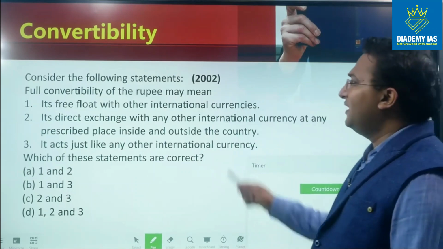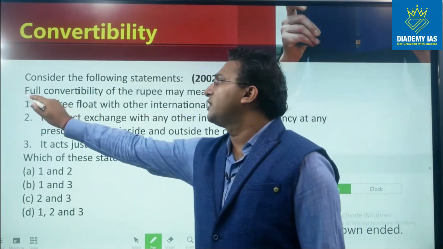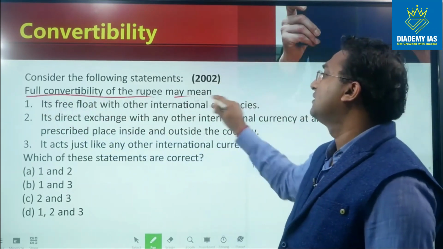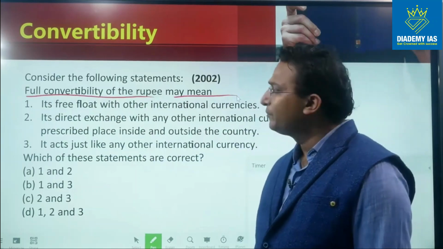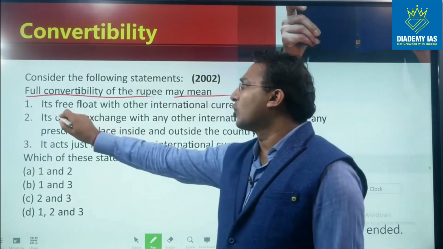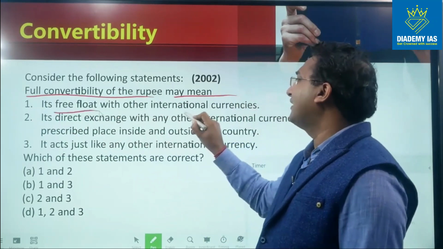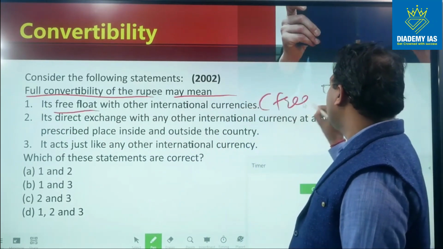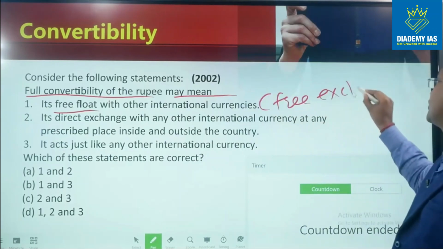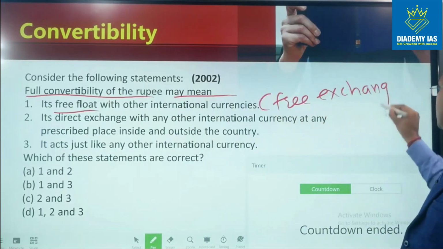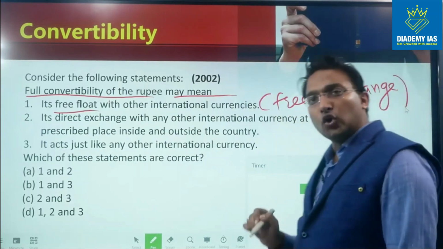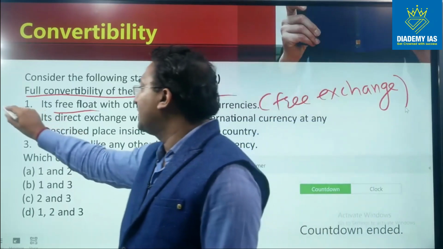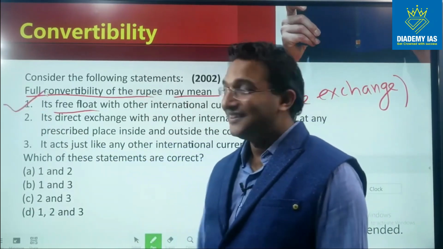Consider the following statements. Full convertibility of rupee may mean: statement 1, it's free float with other international currencies. That means free exchange, no restriction on the exchange. So is this statement right or wrong? This statement is correct.